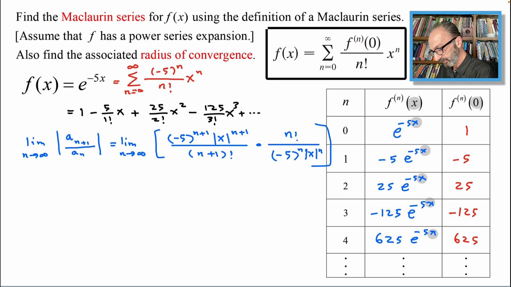Simplifying this, we end up with the following. This is n plus 1 times n factorial, which I have this cancels that, and I have same concept with the minus 5 to the power n plus 1 and the minus 5 down to the power n. I have one more on top. Same thing for the x, I have one more on top.